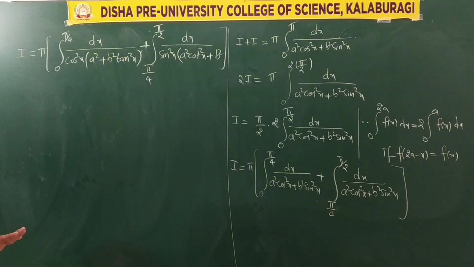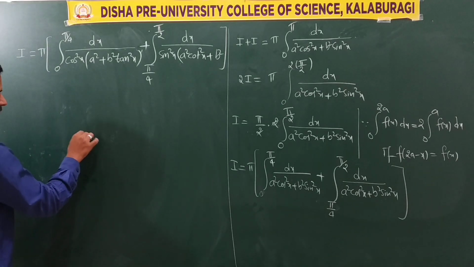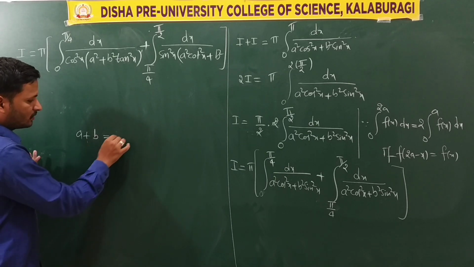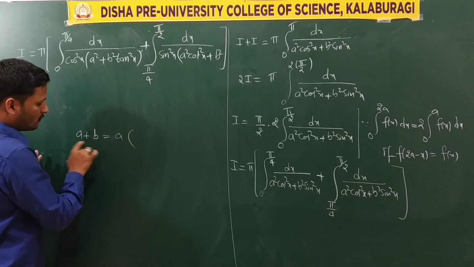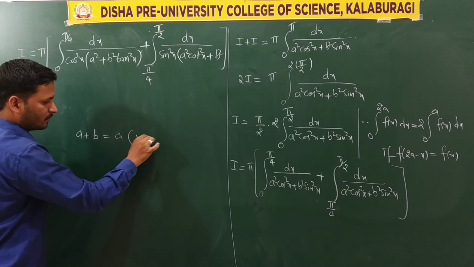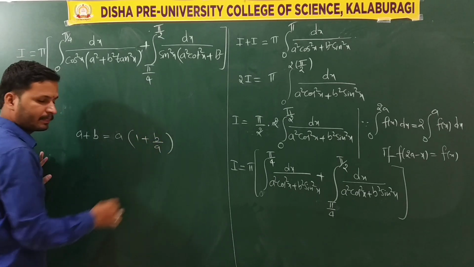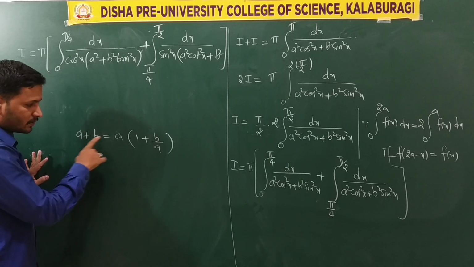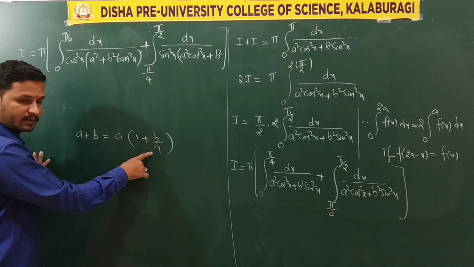Did you get it? For example, take a plus b. On taking a common from a plus b, we get a times 1 plus b by a.